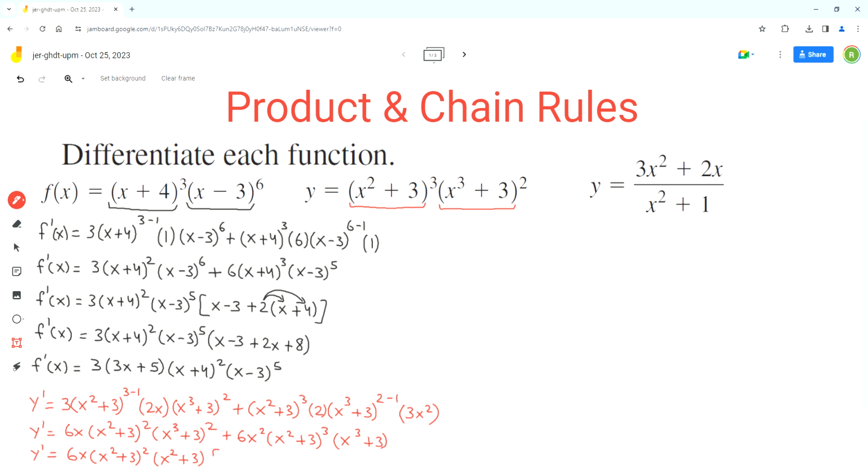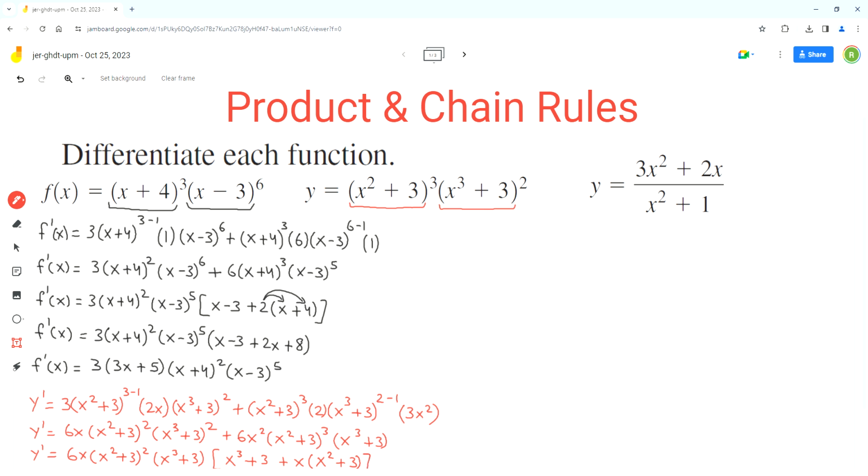And now we can write what's left over. So from the first term, we'll be left with just x. Sorry, no, it's not x squared, it's x cubed plus 3. So from the first part, we are left with (x cubed plus 3) plus x times (x squared plus 3).